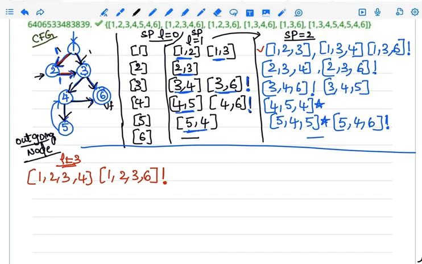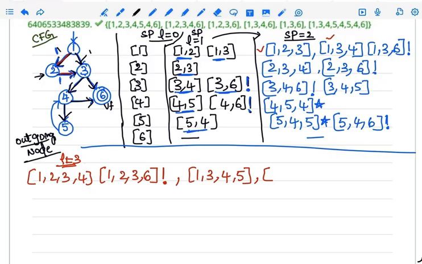Next we extend this one, 1, 3, 4. That is 1, 3, 4, 5. This is one simple path of length 3.